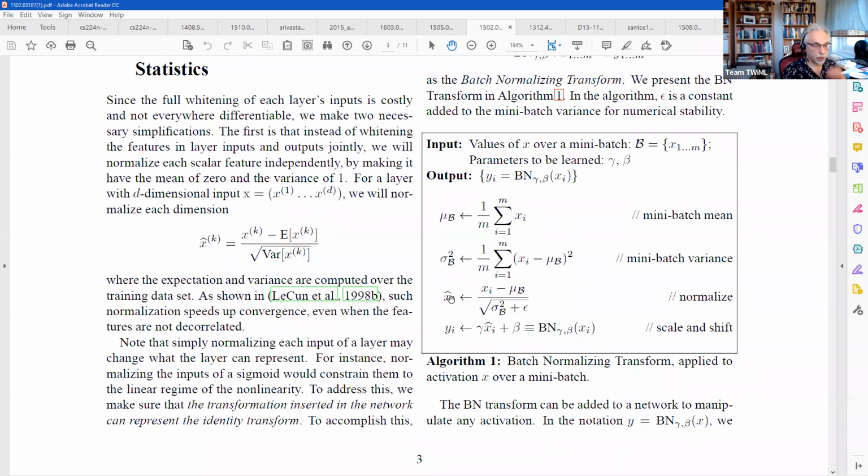That gives you the normalized value, which is sometimes called the z-score. Then you scale and shift it with these two parameters, gamma and beta. Gamma is a scale factor and beta is an offset, that's the shift. And this gamma and beta are also solved for as parameters in the neural network.